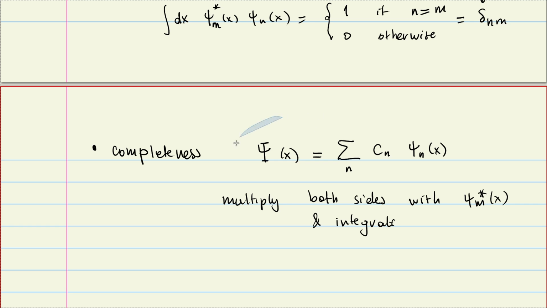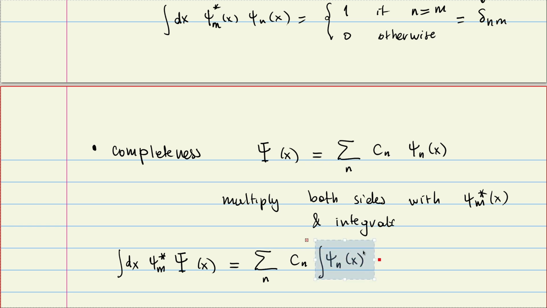So let's do that. This is the integral dx of psi m star, and I'll do exactly the same thing on the other side, dx psi m star of x.